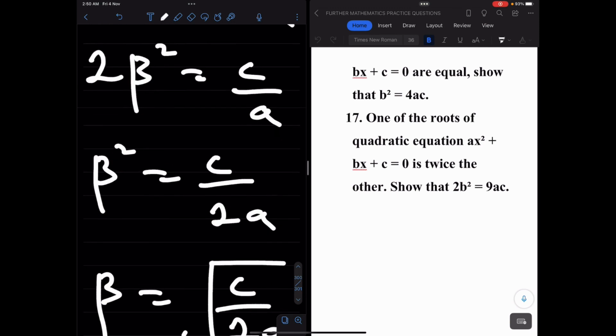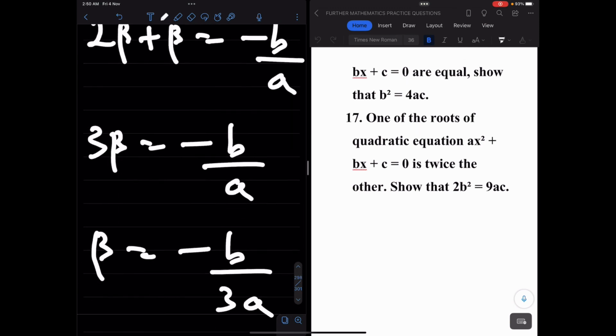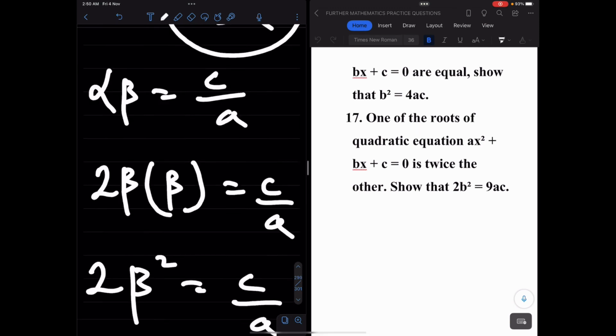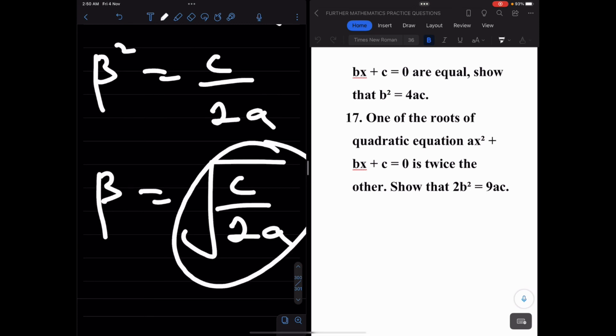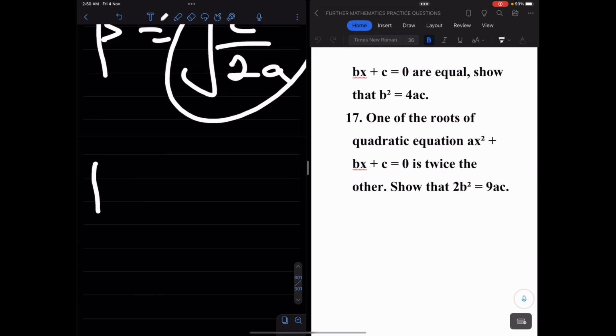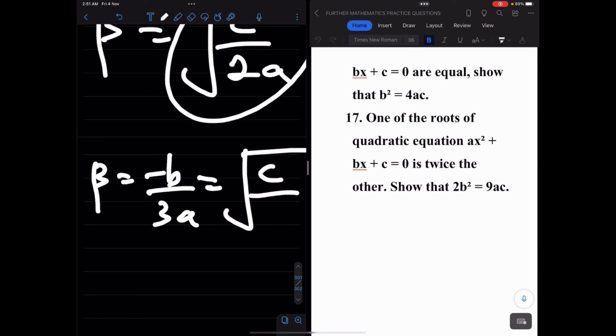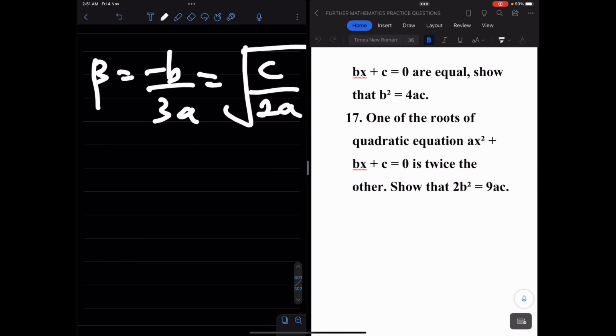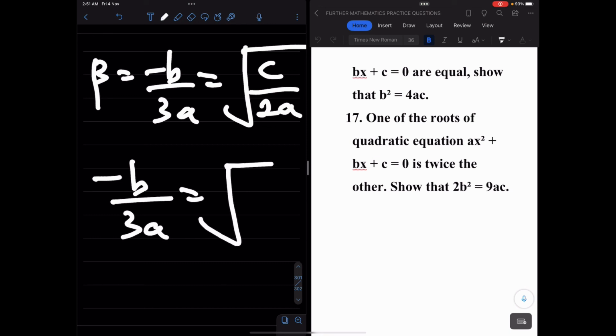Now I have two expressions for beta. Beta is equal to minus b over 3a, and it's also equal to the square root of c over 2a, which simply means minus b over 3a equals square root of c over 2a.